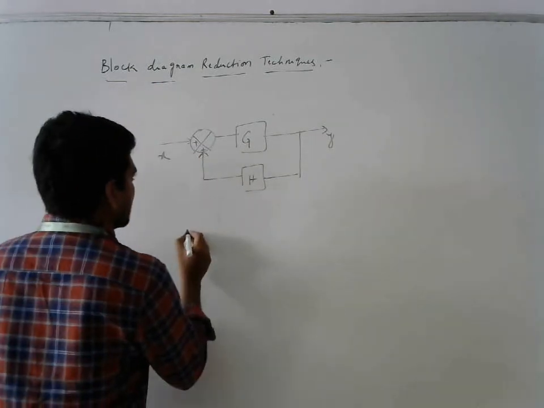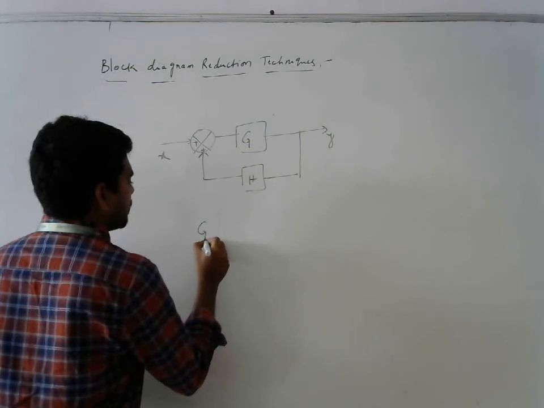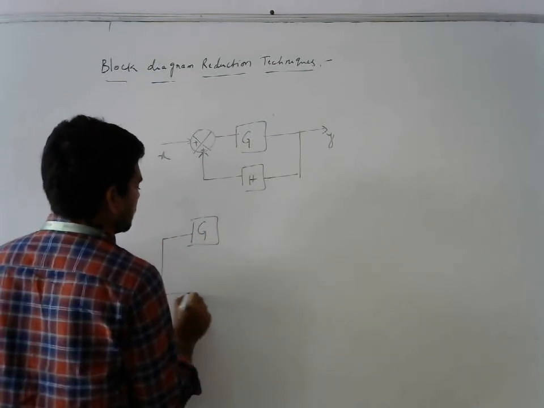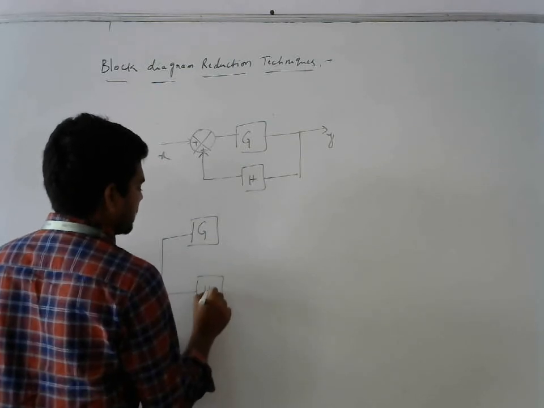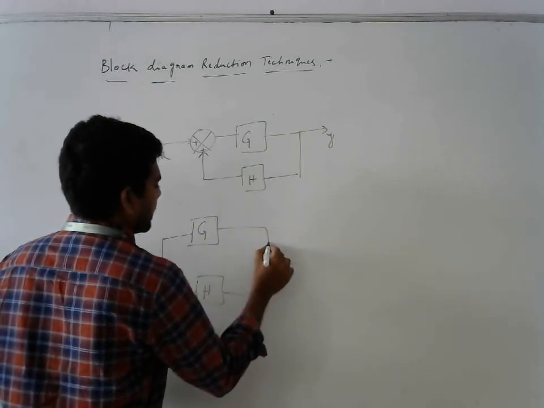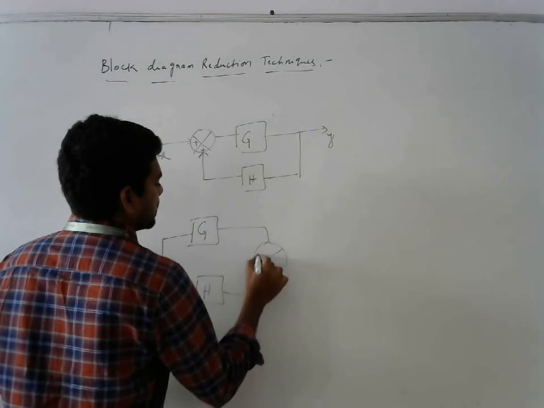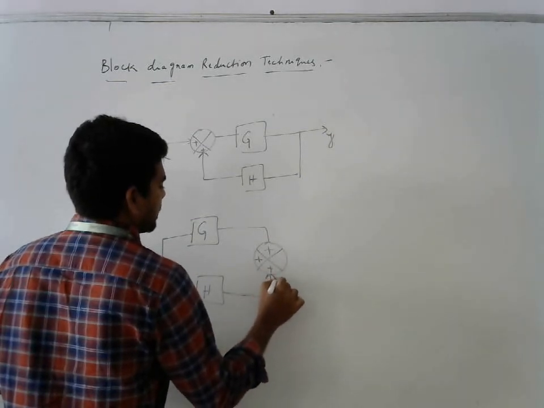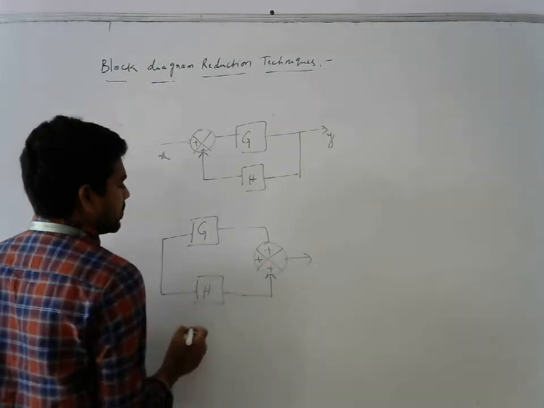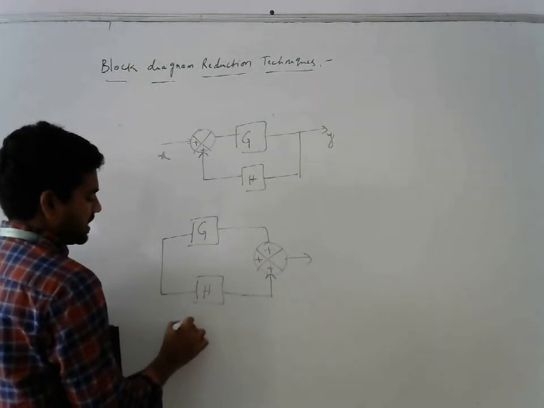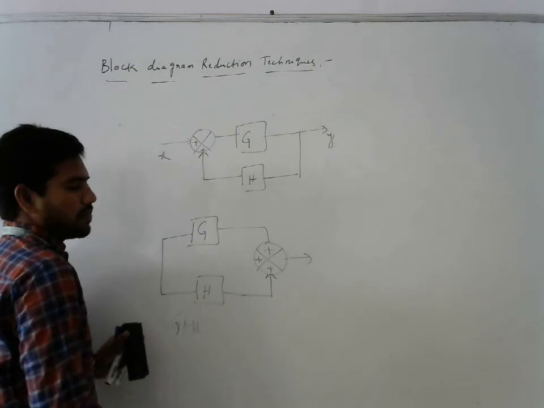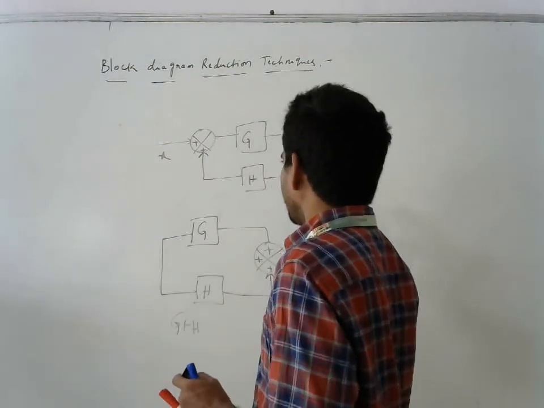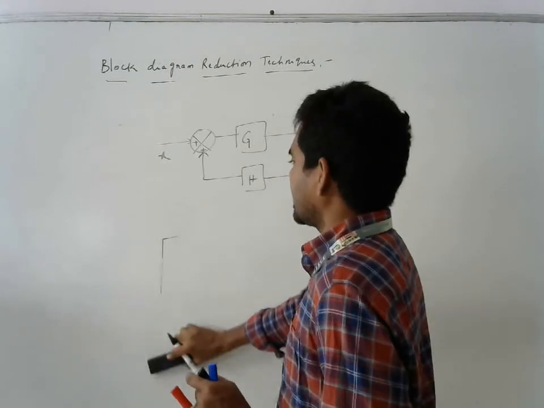The difference is how we are going to add G and H. If I am having an H here, with signals positive, positive, positive, in this case we are going to do G plus H. These are two parallel blocks. Whenever we are doing the problems, we need to identify the change very clearly.